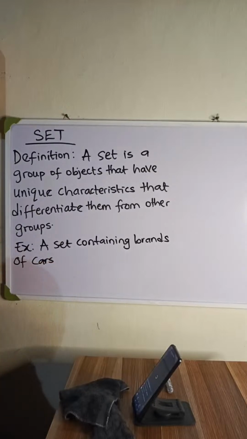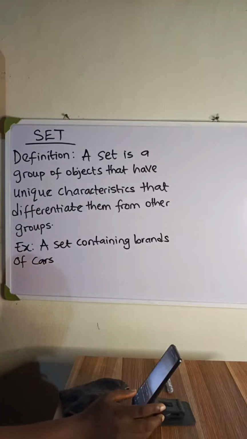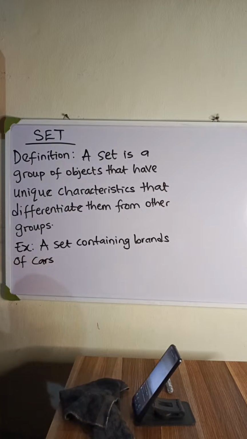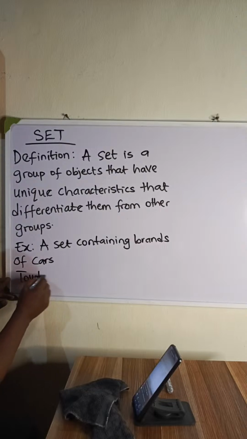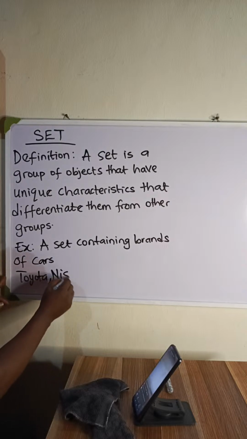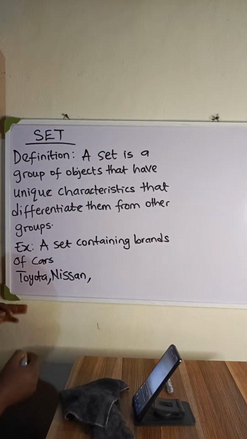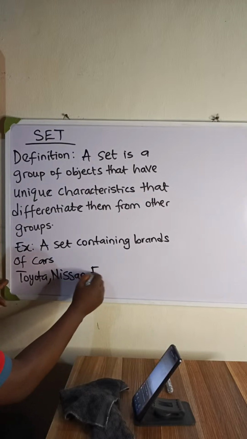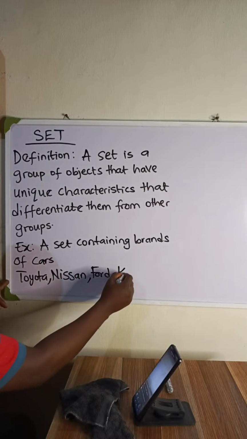A set containing brands of cars. If you have a set containing brands of cars, you're going to have, for example, Toyota, Nissan, Ford, Kia.